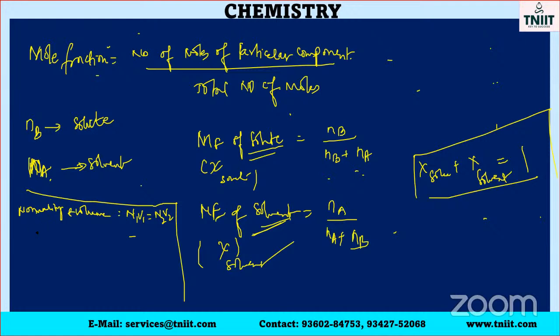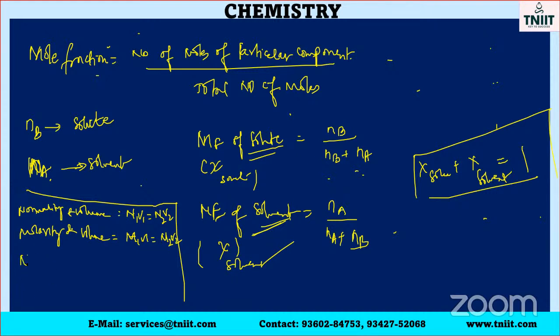Likewise, the relation between molarity and volume is M1 V1 equals M2 V2, the same type: molarity into volume of one solution equals molarity into volume of the second solution.